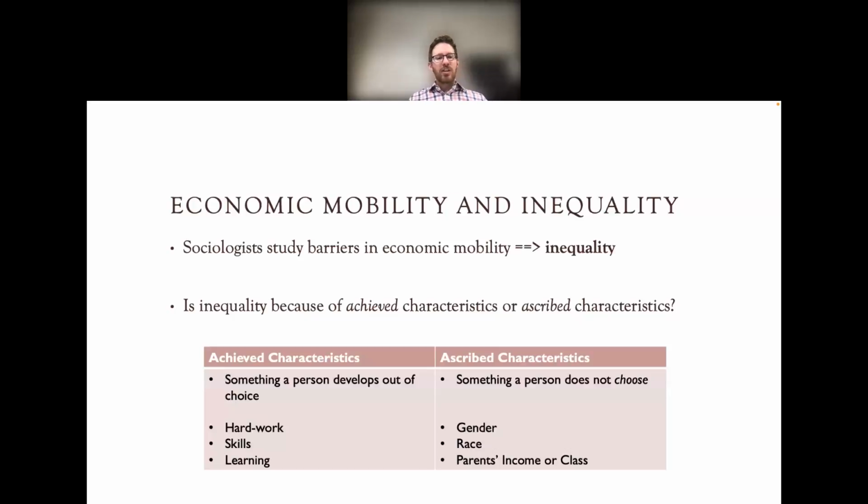Achieved characteristics are something you develop: your hard work, your skills, or your learning. As we've talked about, in a meritocratic system we would hope that the stratification or the inequality is based on your achieved characteristics. But what we're going to look at next is how inequality might be based on ascribed characteristics.